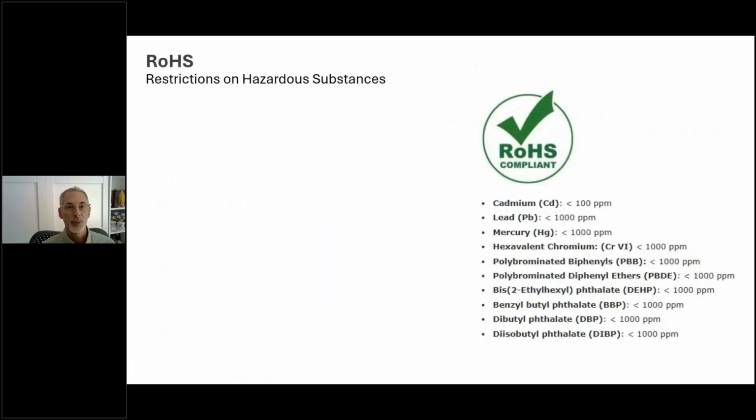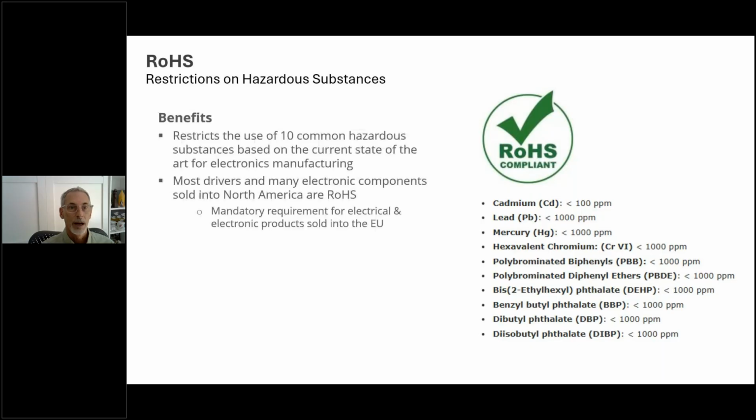And the other element that we find with helping identify hazardous ingredients is RoHS, restriction on hazardous substances. So the benefit of RoHS is that a RoHS compliant component or fixture restricts the use of 10 of the most common hazardous substances that are used in the manufacturing of electronic components.